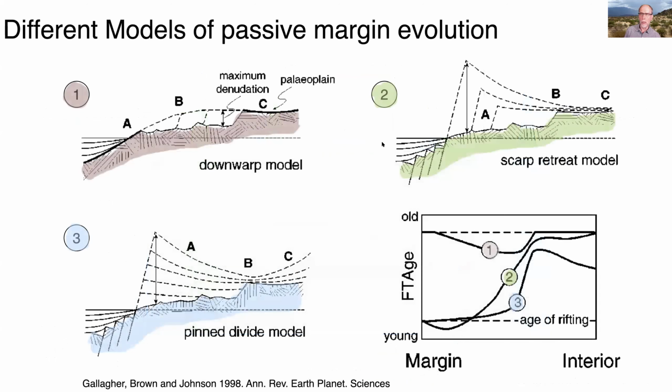There have been three different models used to explain the formation of these rifted margins, the geomorphology and the fission track age patterns. They are the broad downwarp model, where erosion has cut into a broad downwarped surface to produce the erosional escarpment; a scarp retreat model, where the scarp has retreated from a former position at the rifted margin, and there has been isostatic amplification of the amount of denudation towards the coast; and the pin divide model, which is related to the position of a former drainage divide.